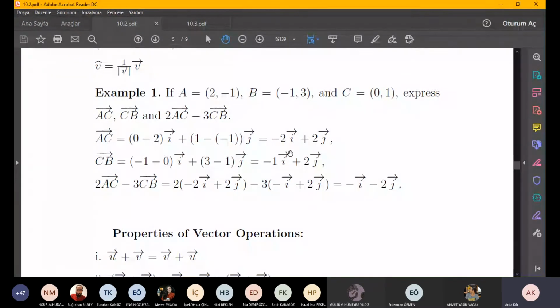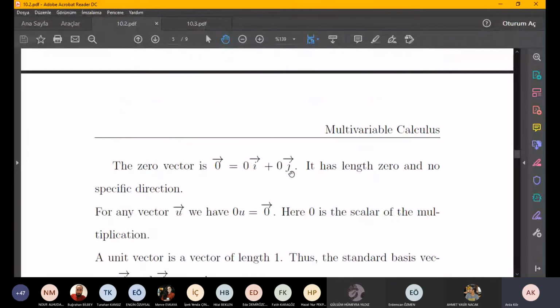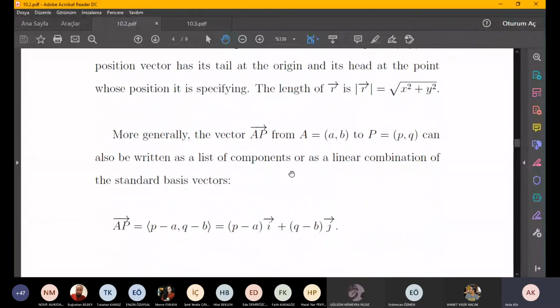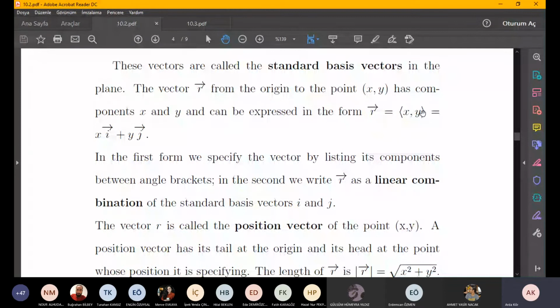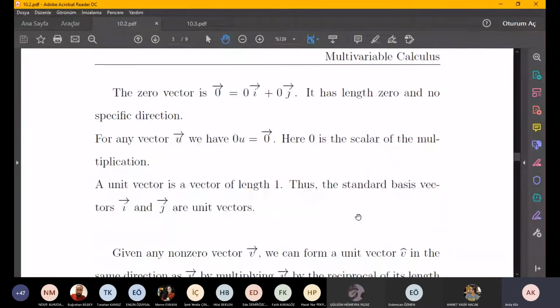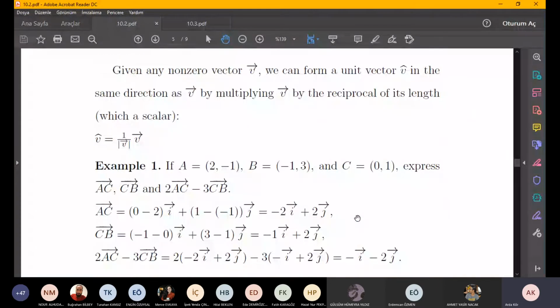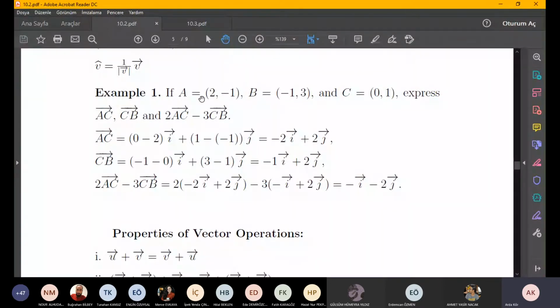But if you have those angle brackets, those will express a vector in n-dimensional space. So they don't express points, but we know that from the expression. A is (2, -1), B is (-1, 3), and C is (0, 1).